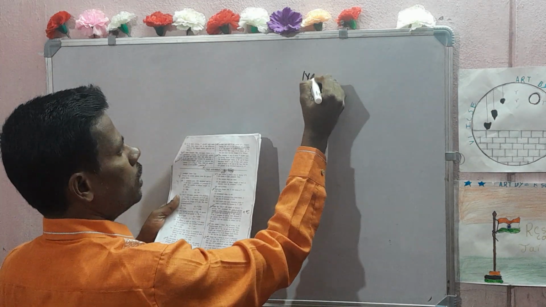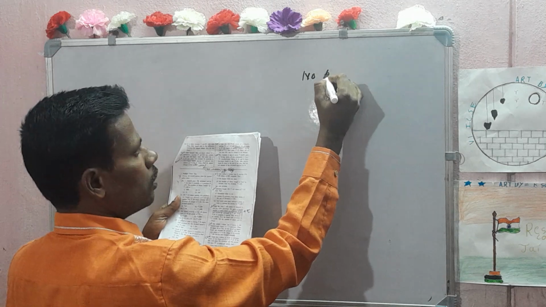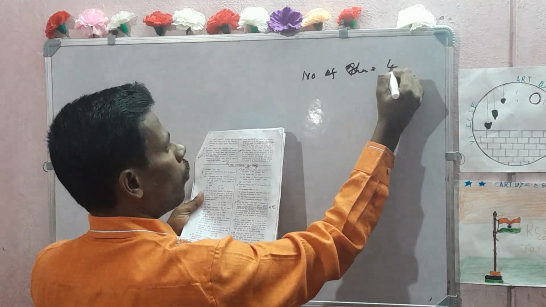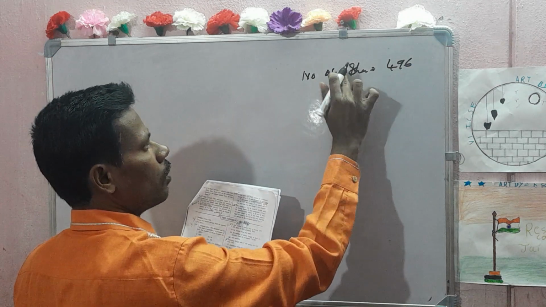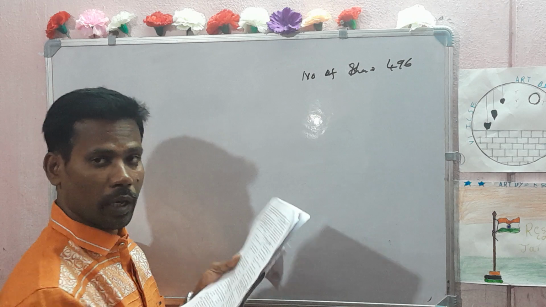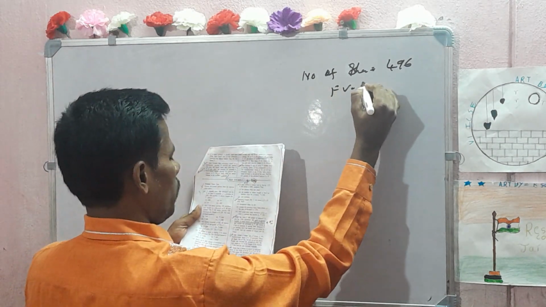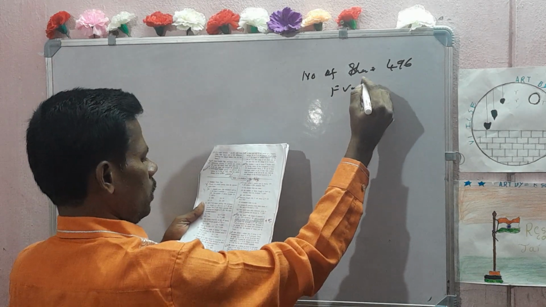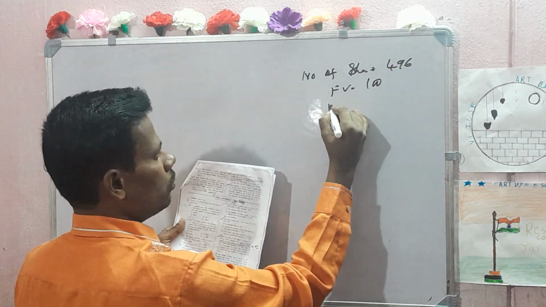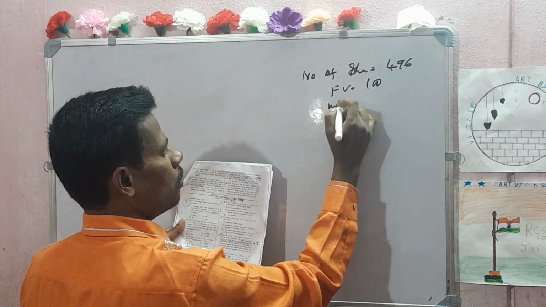So how many shares did she buy? Number of shares is 496. Face value of each share is 100, and market price is 132.